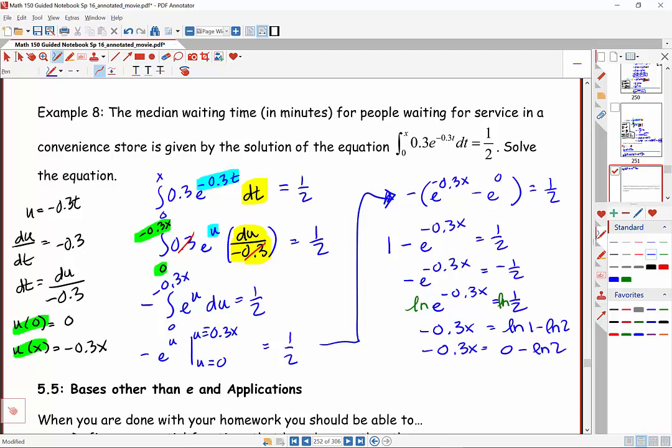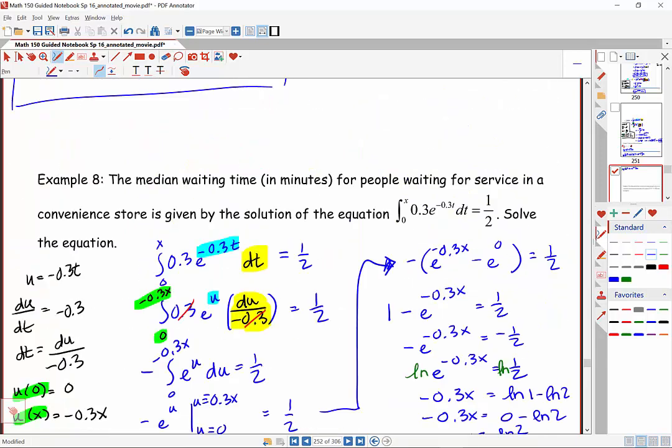So x will be equal to natural log of 2 divided by 0.3. So when we get our approximation, it turns out to be approximately 2.31. So our conclusion would be what?